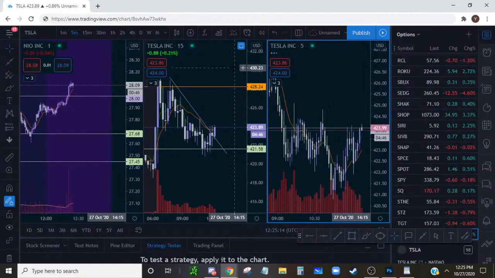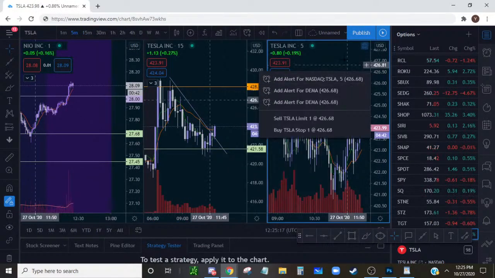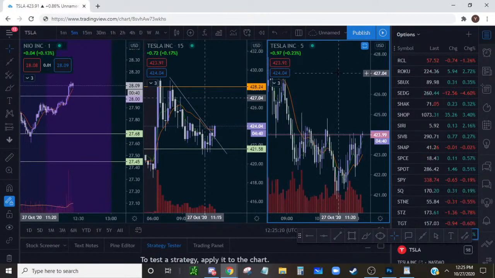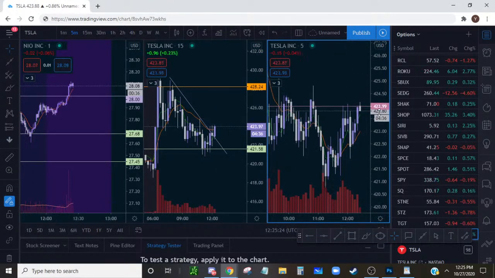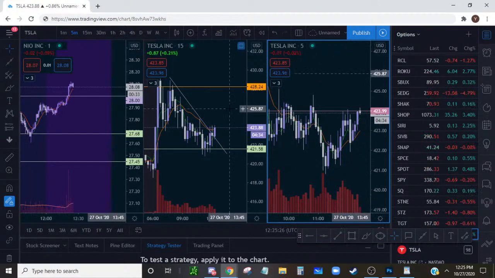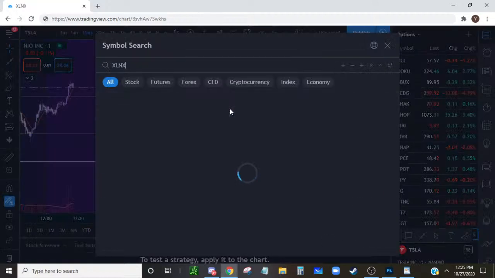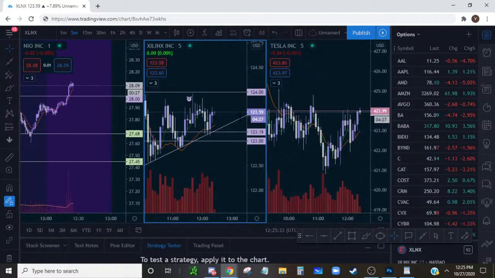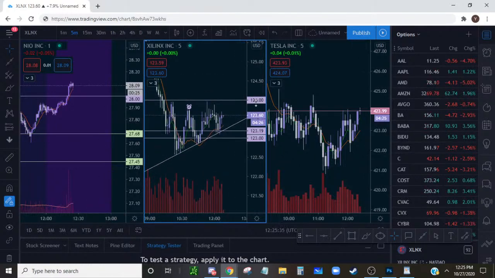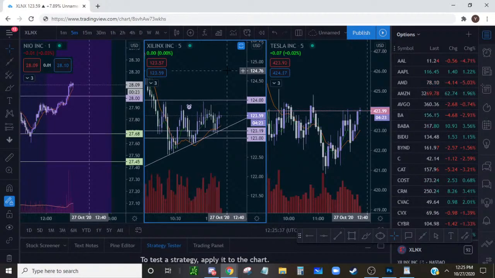Tesla. That's what we need, I guess, huh? That bounce off of that trend line was definitely neat. It looks like Tesla's gonna give us a play right here.